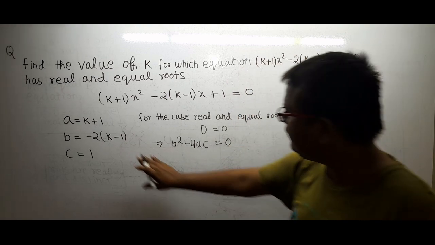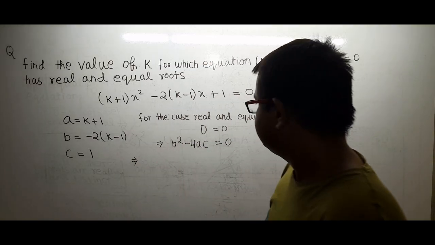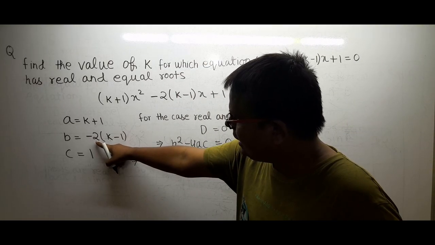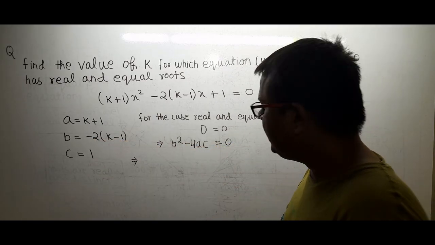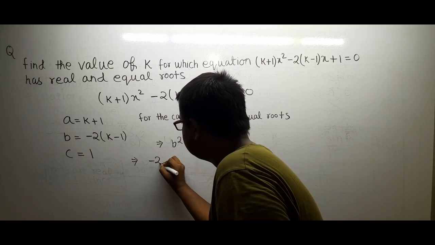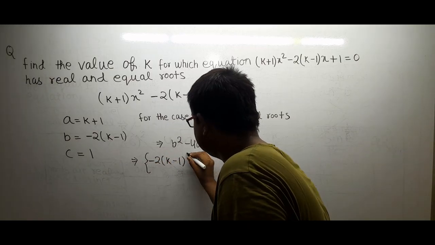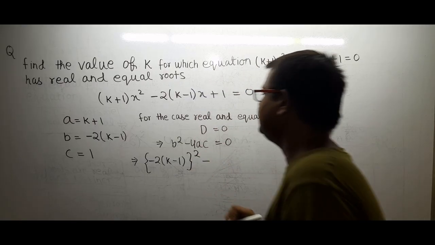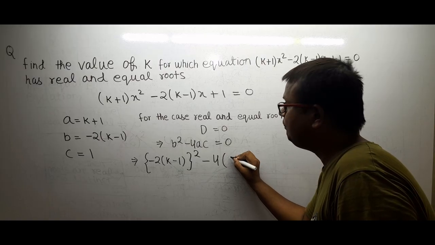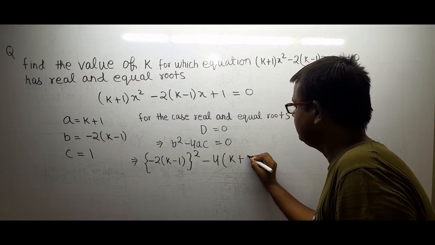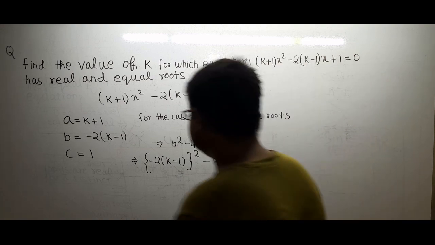Okay, so here we will write all the values. In place of b I will write −2(k − 1), so this will be [−2(k − 1)]² − 4 × (k + 1) × 1, that is equal to 0.